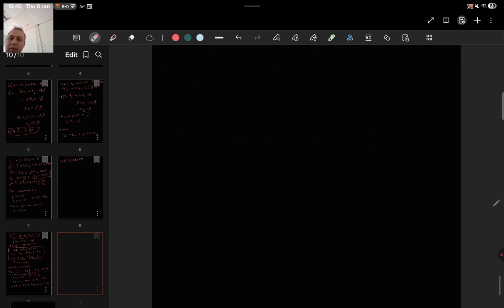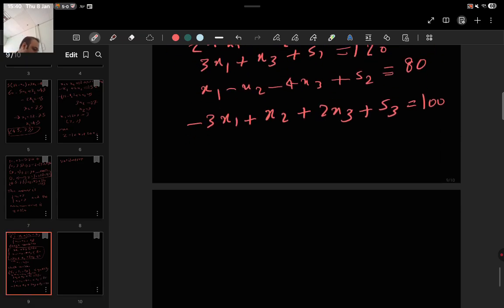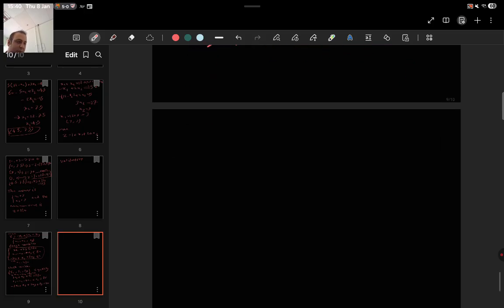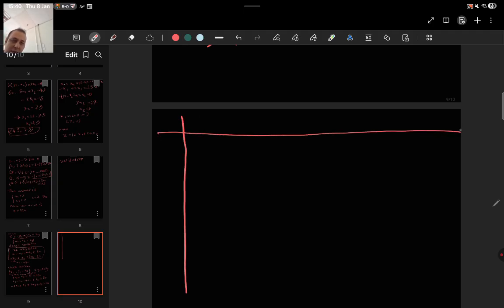Okay, now we have to make a table for the simplex, a table of the coefficients. So what we have to have in our table: z, s1, s2, s3.